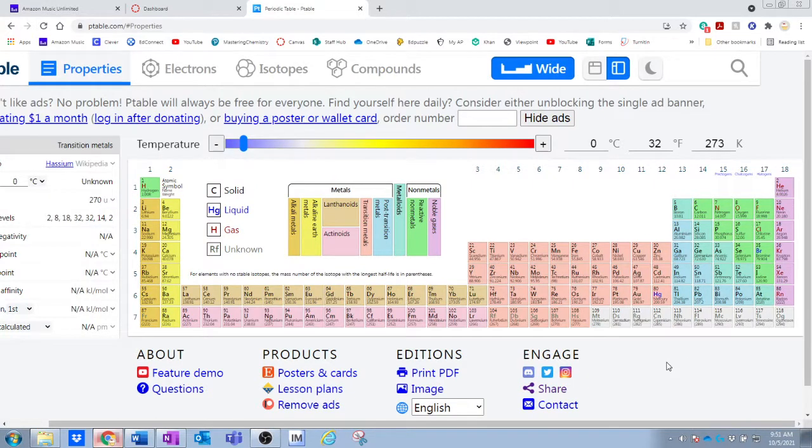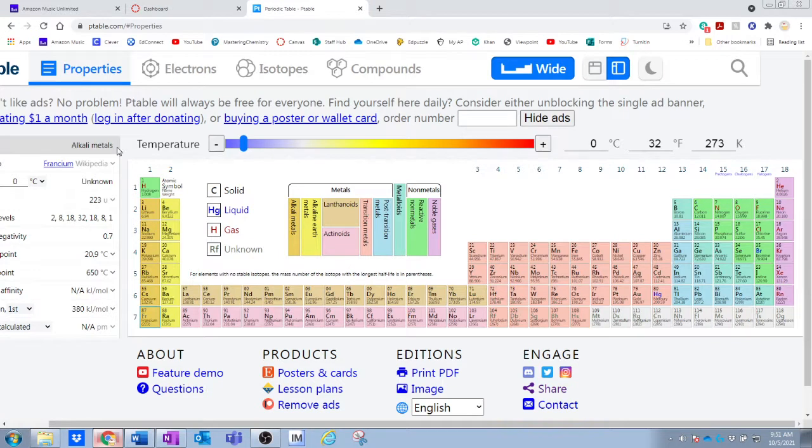So first thing, the F block goes between which other two blocks? S and D. It's between the S and the D block. And then what rows does the F block correspond to? 6 and 7. So it should be on the 6th and 7th row between the S and the D block.